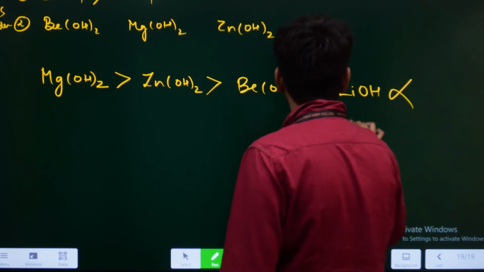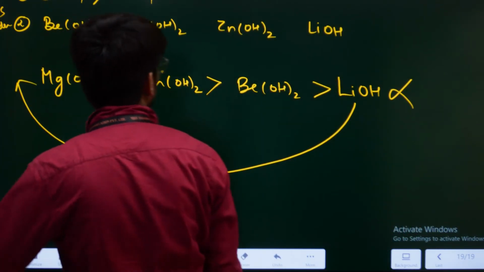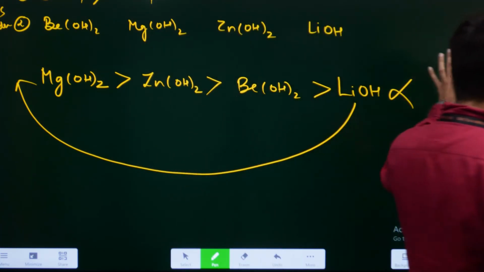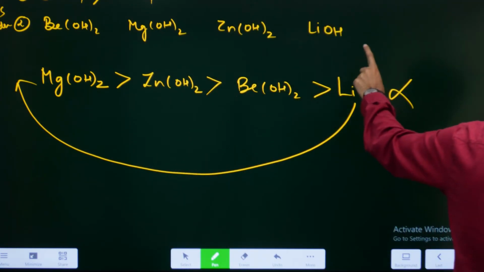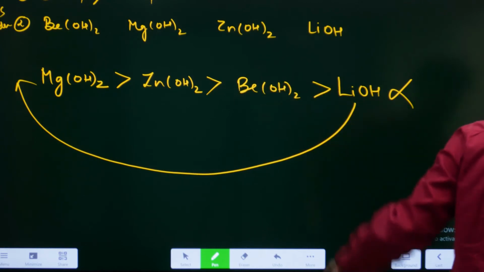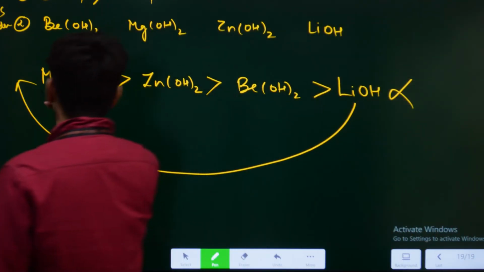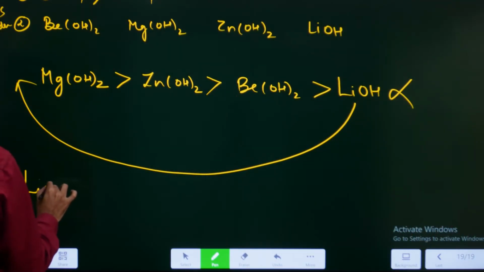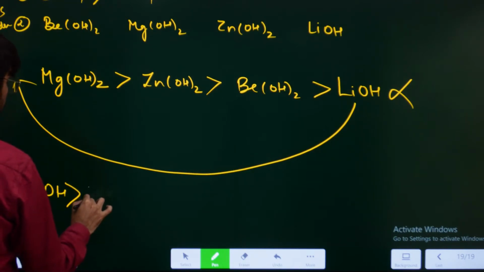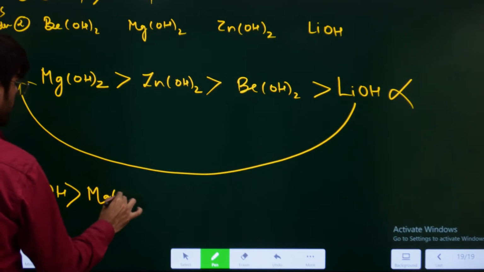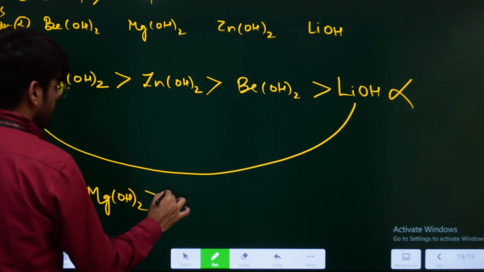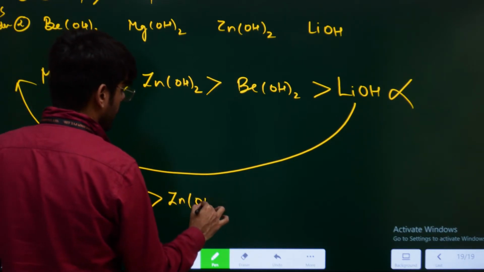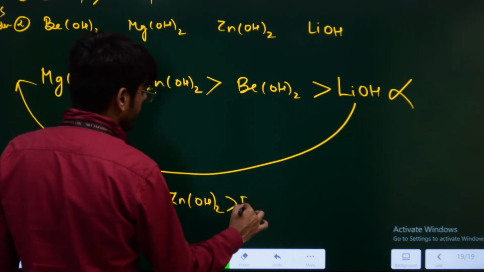This is wrong. This should come here. This is having the least covalent character because this is +1. These are +2. So this is having the maximum thermal stability. LiOH is having maximum, followed by Mg(OH)2, then we have Zn(OH)2, and then we have Be(OH)2.